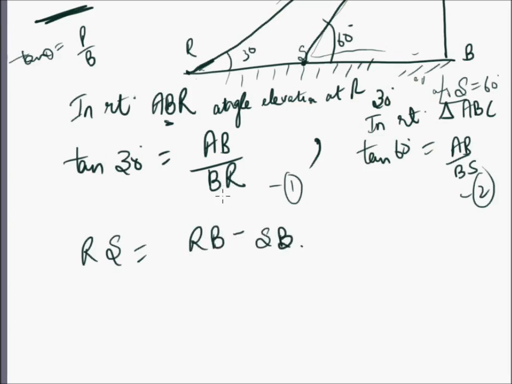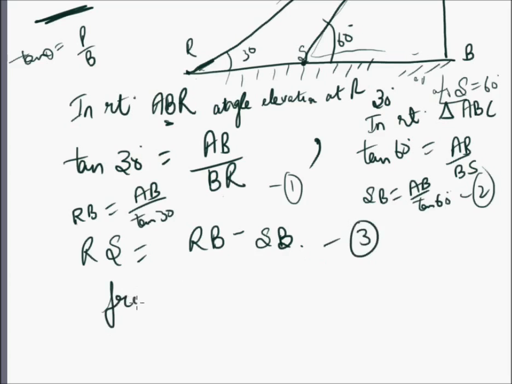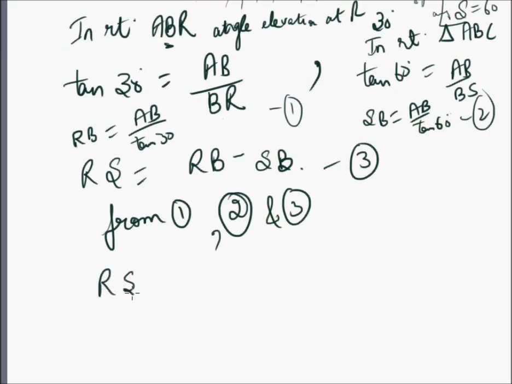Now BR or RB from here is AB over tangent 30 degree, whereas from here SB or BS is AB over tangent 60 degree. So from 1, 2 and 3 we have RS as AB over tangent 30 degree minus AB over tangent 60 degree.